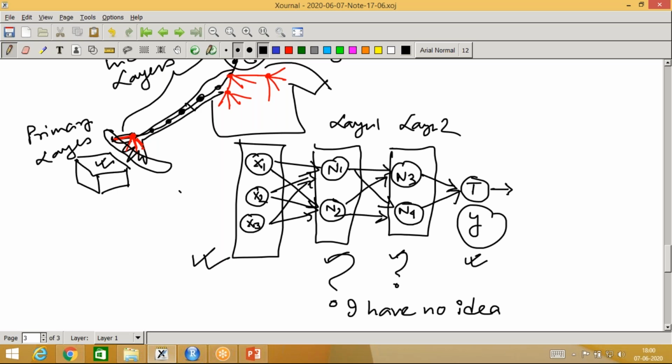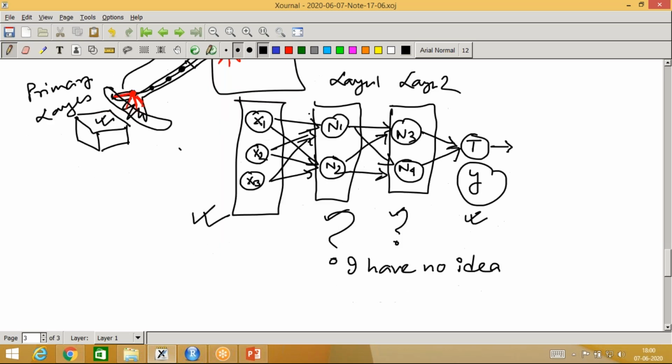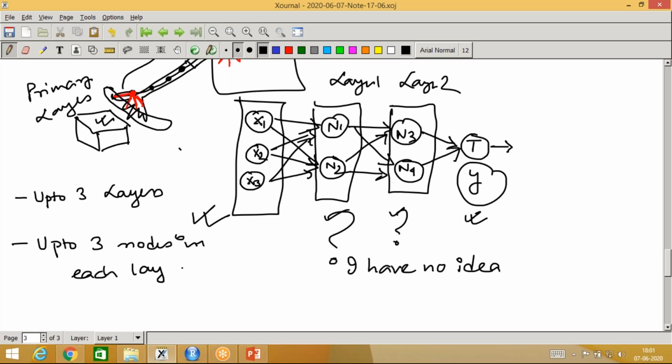But still, it has been seen empirically that up to 3 layers and up to 3 nodes in each layer works well for all practical purposes that we will generally face.